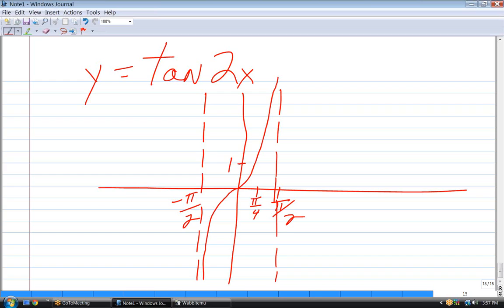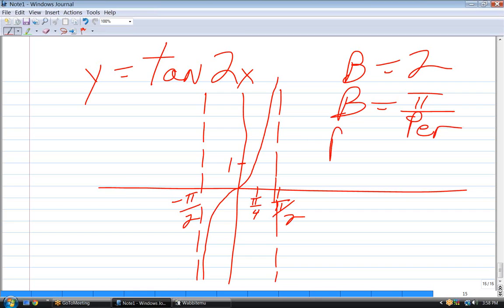So, tangent of 2x, what are the consequences of the 2? It makes it half as wide. Yes, it acts as a horizontal compression factor. More importantly, b is 2, and for tangent the period is pi over b.